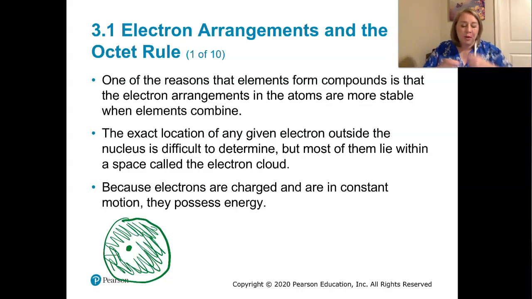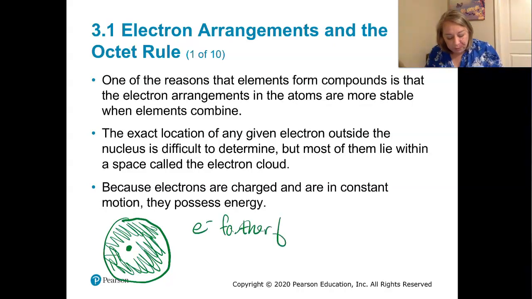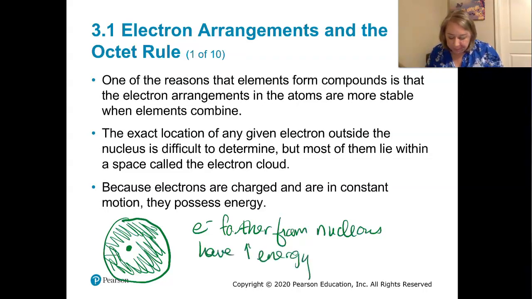The more they move around and the farther they get from that nucleus, the more energy they have. That's a really, really important concept to remember. So remember, electrons that are farther from the nucleus have higher energy.